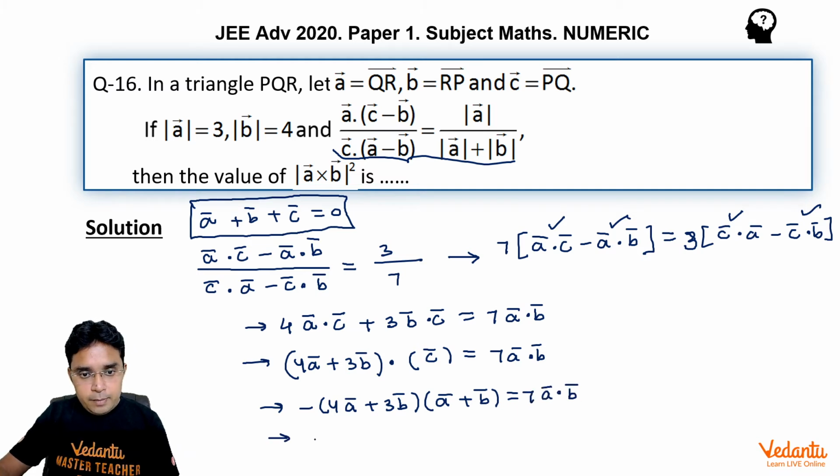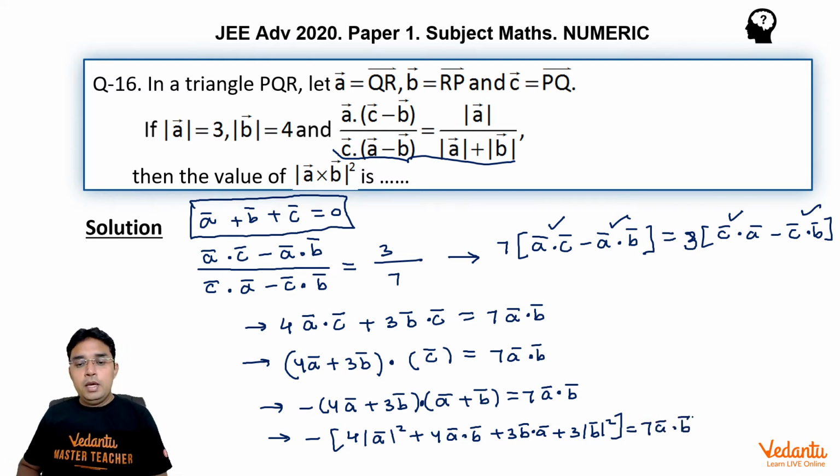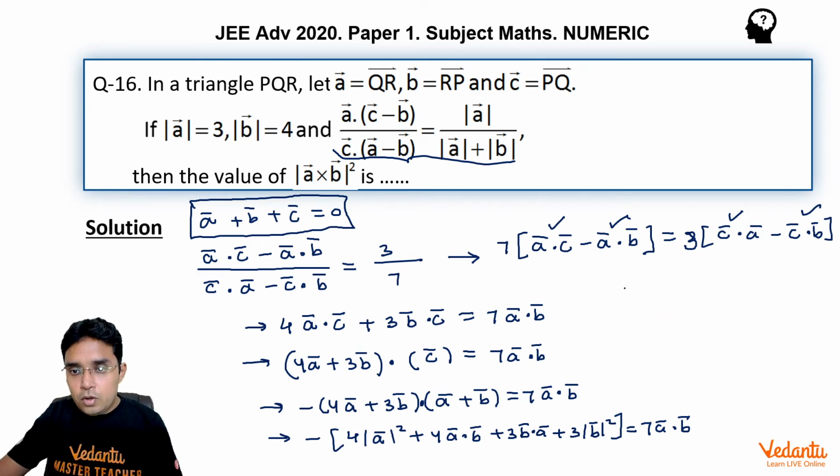Now if we do the multiplication, we get 4 A dot A, which is 4 mod A square, plus 4 A dot B plus 3 B dot A plus 3 mod B square is equal to 7 A dot B. Now let us take all A dot B on the right hand side and the remaining things on the left hand side.